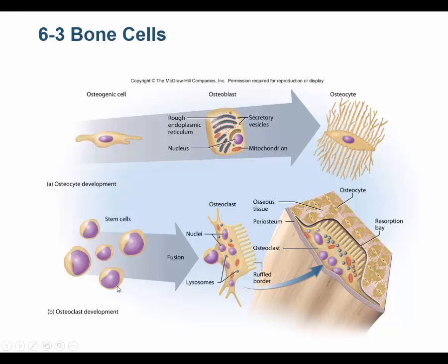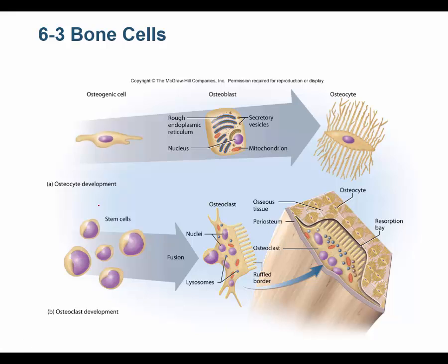Now, this is what I started to say earlier. Osteoclasts don't come from the same progenitor or cell lineage as osteoblasts do. Osteoclasts have a different lineage than osteoblasts.